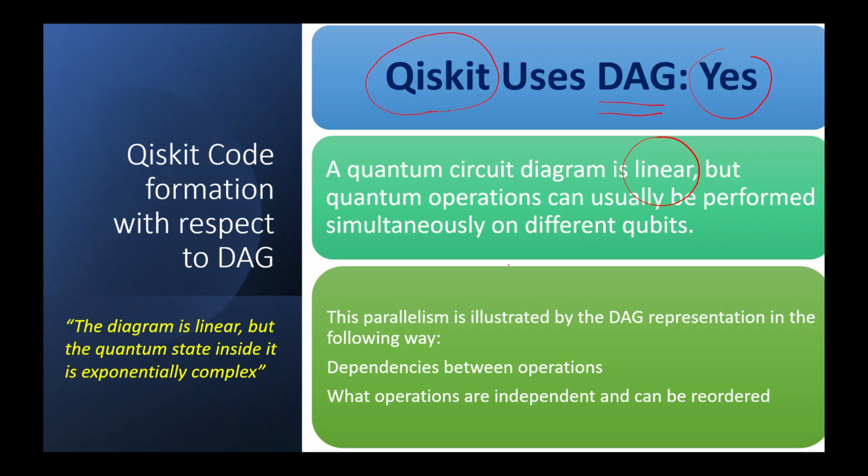So what is a linear transformation? Suppose U acts on alpha |0> and similarly |1>. The linear transformation is U applied to (alpha |0> plus beta |1>), which equals alpha U|0> plus beta U|1>.